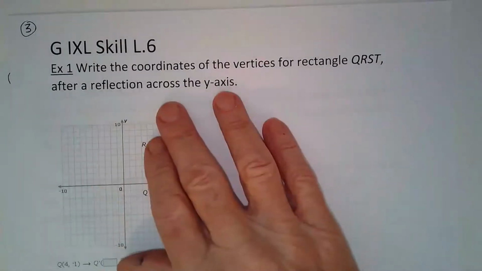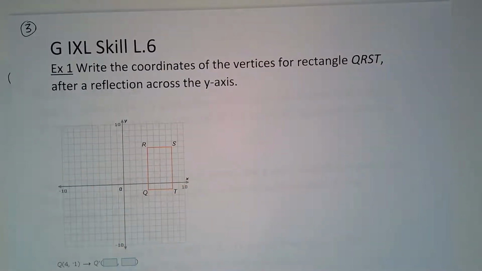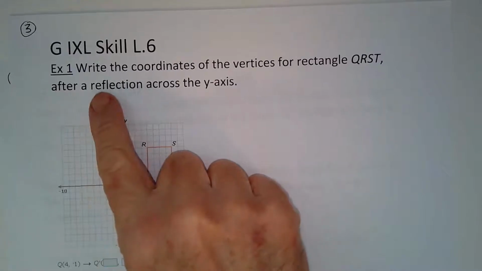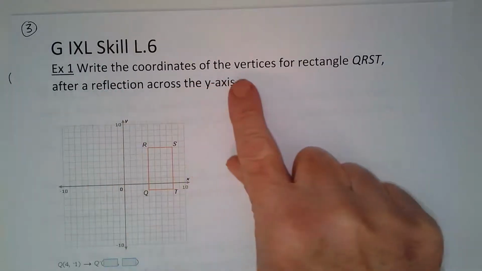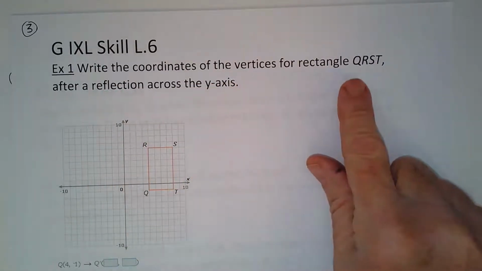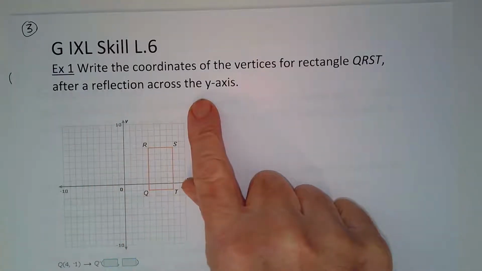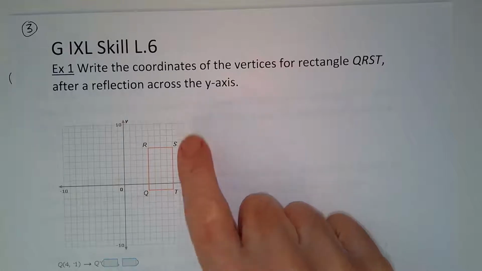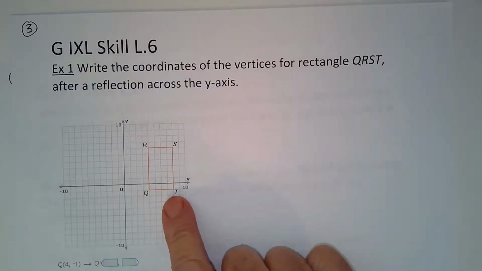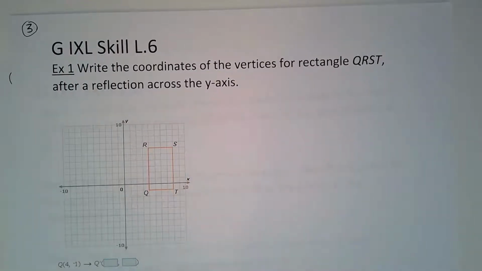So the next slide here is Exhibit 1, and here you're writing the coordinates of the vertices for rectangle QRST after a reflection across the y-axis. So this is triangle QRST. I'm sorry, not triangle, rectangle QRST, a four-sided figure.